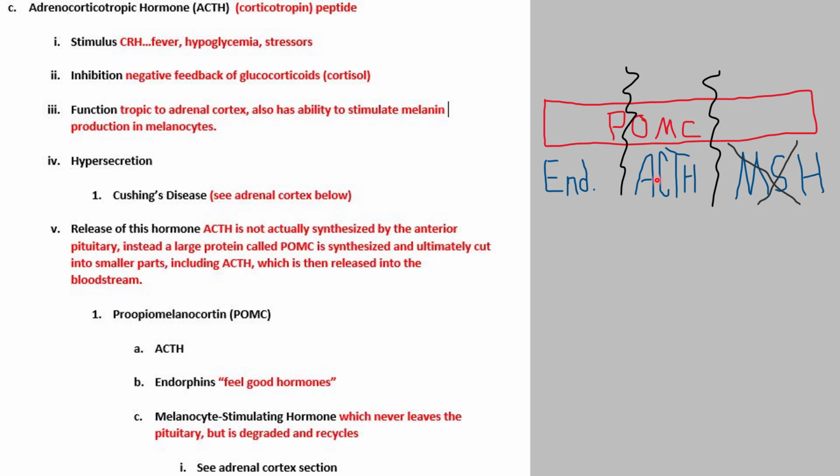One, it's blotchy. It's not a smooth tan. It's darker in some places, lighter in some places. And two, the places where we see the tanning aren't necessarily exposed to the sun because it's not the result of ultraviolet radiation damage. It's the result of too much ACTH. So places that have been covered up are still tanning. That's one of the signs of secondary Cushing's. That's one of the signs of too much ACTH.